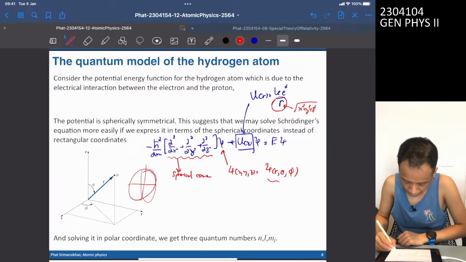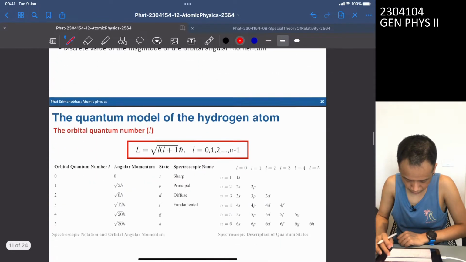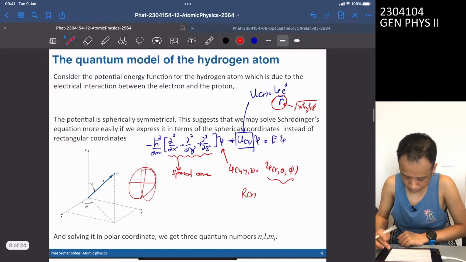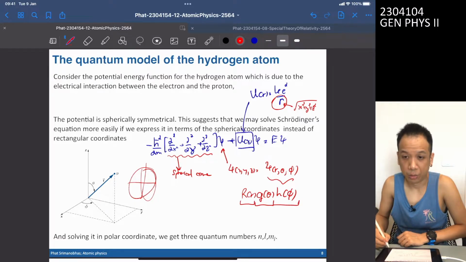From the spherical coordinates, you can break this wave function into a function of r, some function of theta, and some function of phi. We solve the different parts and then combine them together, as a multiplication of each part.